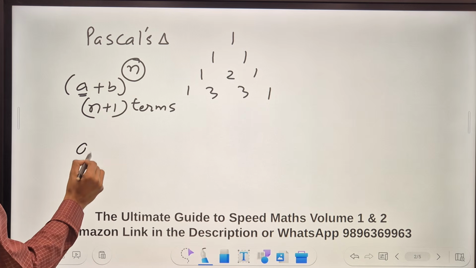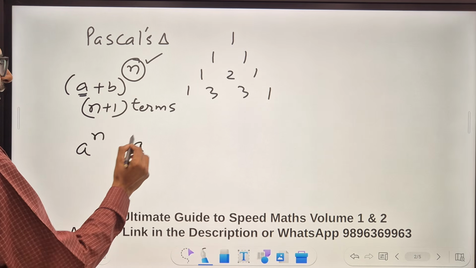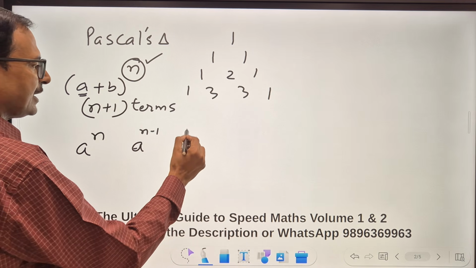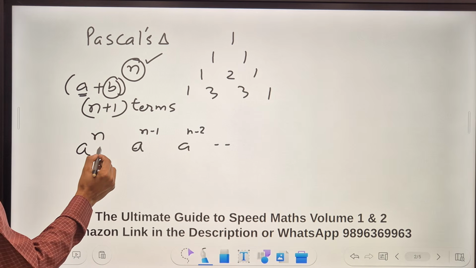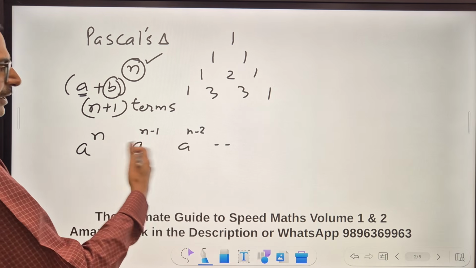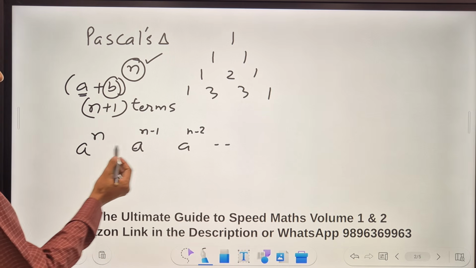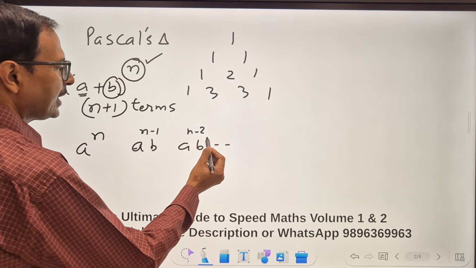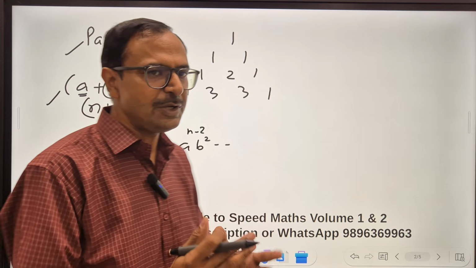The powers of a start with n and carry on decreasing, like next n minus 1, then n minus 2 and so on. And what happens to the powers of b? It carries on increasing, like here it is decreasing. In the case of b, it starts increasing, like here no b, here b square and so on. Now these are the 3 concepts which I told you in my previous video.